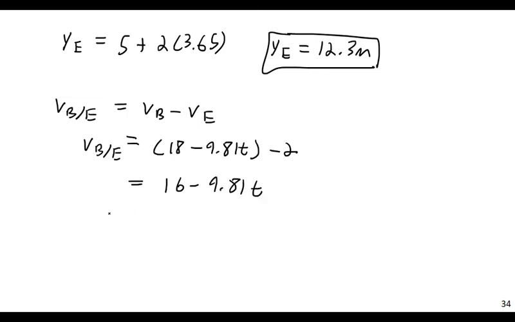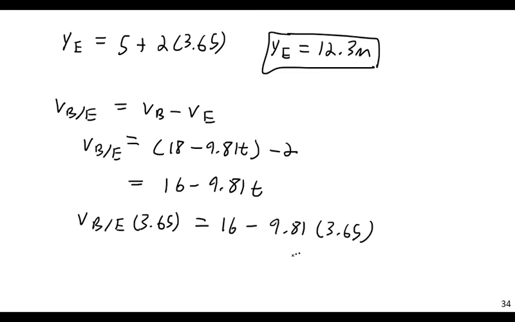And then if I plug in the time of impact, which is 3.65 seconds, VBE of 3.65 is going to be 16 minus 9.81 times 3.65, and we find an impact velocity of negative 19.81 meters per second. And that's our final result for the day.